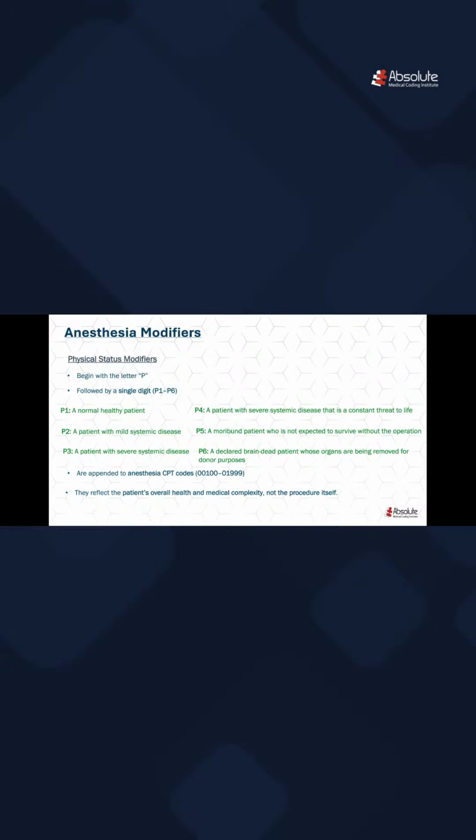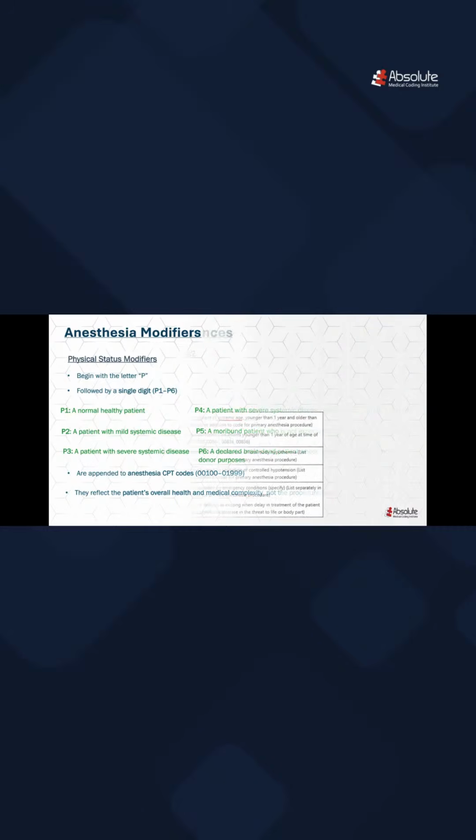So here surgery is necessary to prevent immediate death. And last is P6. P6 is used for a declared brain dead patient whose organs are being removed for donor purposes. So this is used only in organ procurement surgeries. All right. And that is about our physical status modifiers.